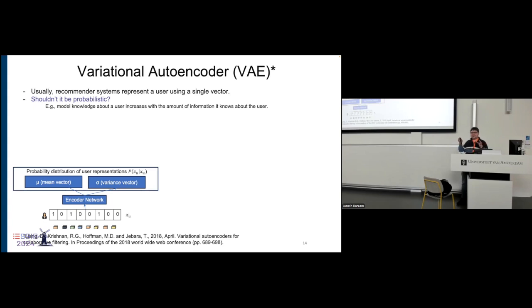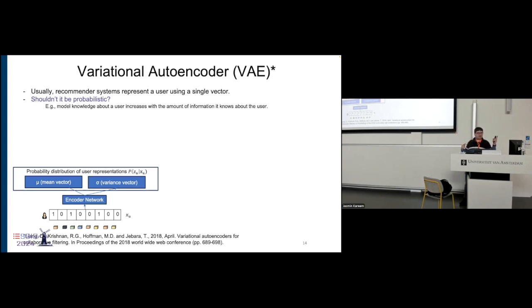But in general, I would like to think of the user representation as some kind of cloud of possible user representations that might happen. In this particular scenario, this cloud is represented using a multi-dimensional Gaussian distribution.